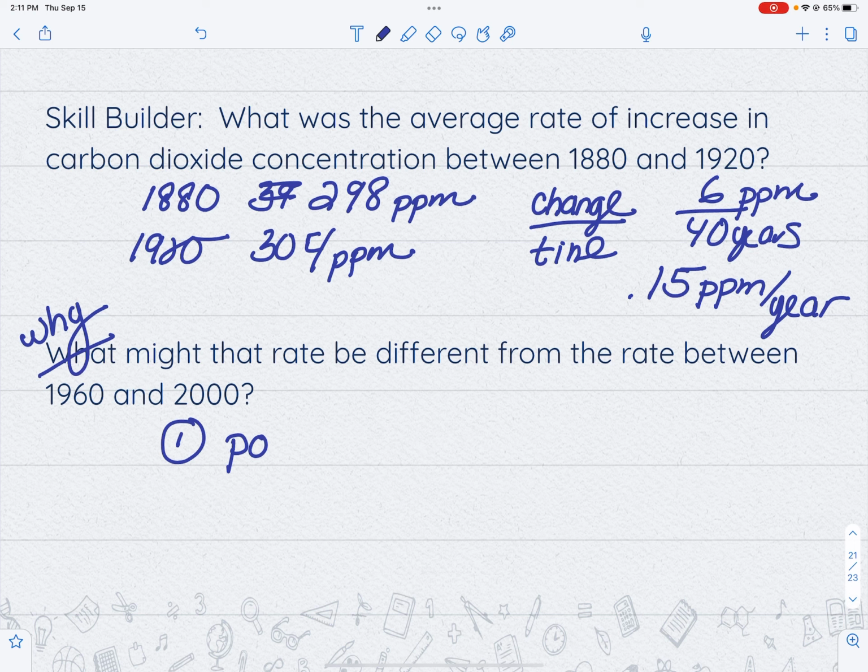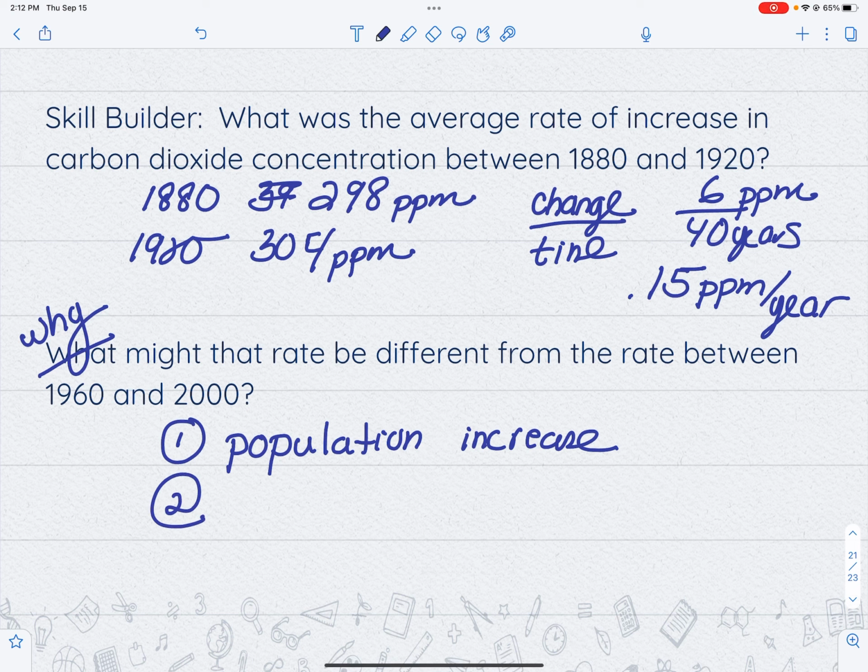I would say number 1 is population increase. There were many more people on the planet in 1960 than there were in 1880. So even if every person made the same amount of carbon dioxide, we would expect there still to be more carbon dioxide. But the second one is industrialization.